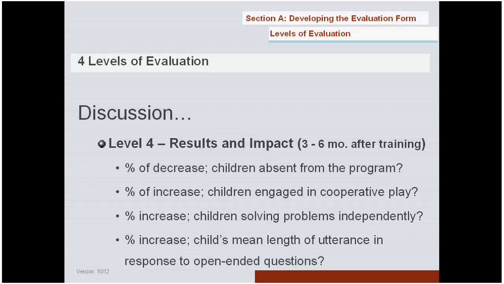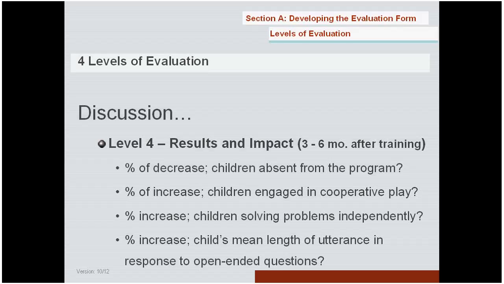So if you gave a training on hand washing and you wanted to do some follow-up and find out what they implemented and what the results were, one thing you might be looking for is this: they were having increased illness and absences from children, and so they called you in to do a workshop on hand washing.